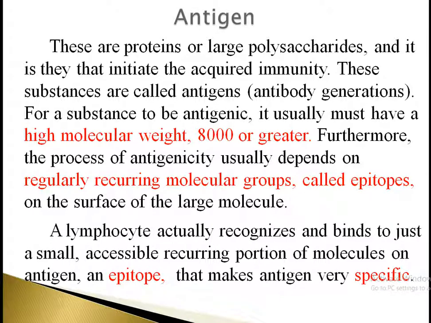Either we have the innate or the acquired immunity. We are again and again saying that immunity is the defensive process against the infective agent, the agent which is going to do any harm to our body. For that purpose, we must know the definition of antigen.